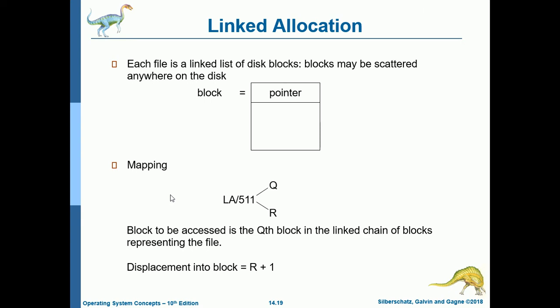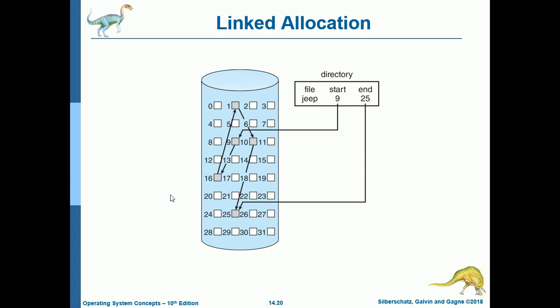To further understand that, we have this illustration. We have the file zip, and the start block is 9, and this block has a pointer to the next block and the succeeding blocks, until the end, which is block 25.